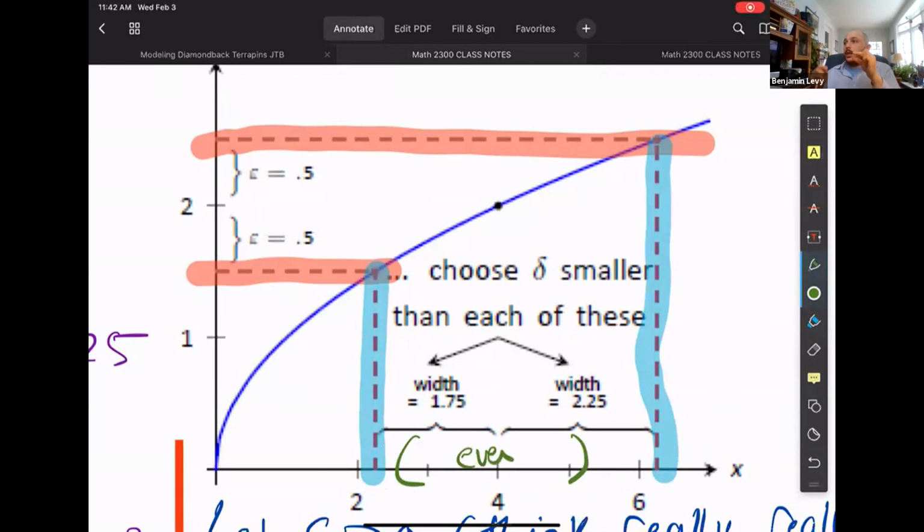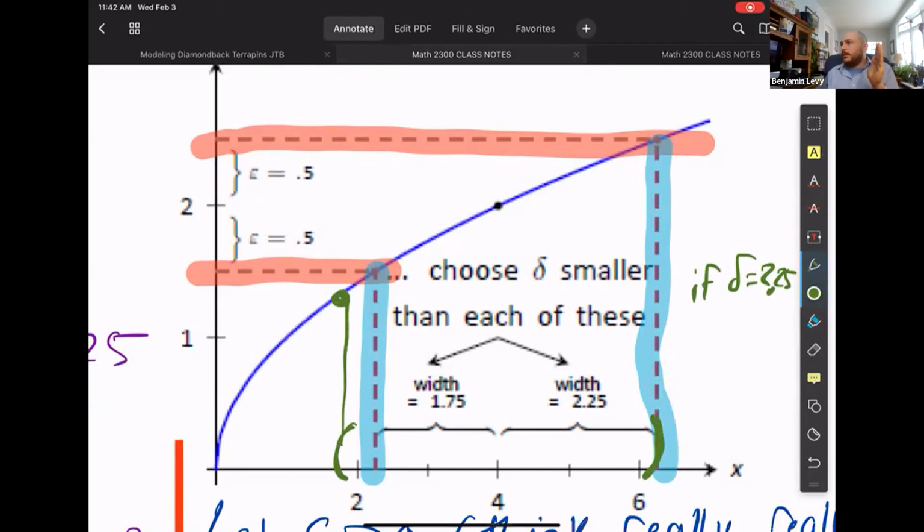And so if we want an even interval, we want to make sure we pick the smaller number, because that'll make sure we stick inside the blue lines I just drew. In other words, if delta was 2.25 instead, that's okay on this end because it would align there, but over here it would be outside, and then we'd be outside the region up there.